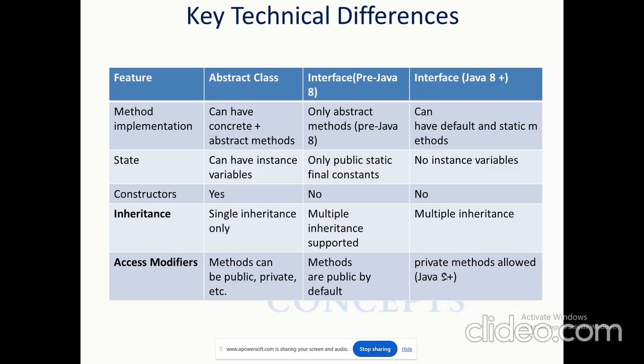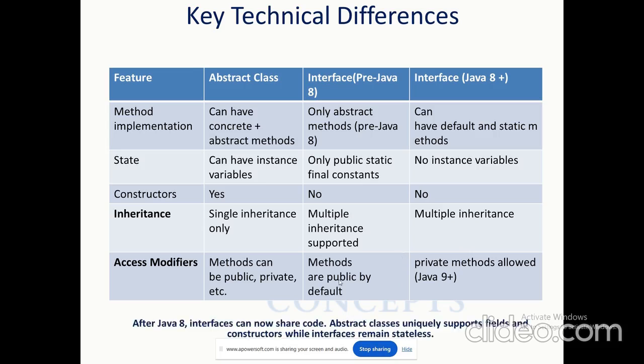The important point to note here is Java 8 onwards have blurred the traditional boundaries by introducing default and static methods in interfaces. So before Java 8, interfaces couldn't share code, but now they can.